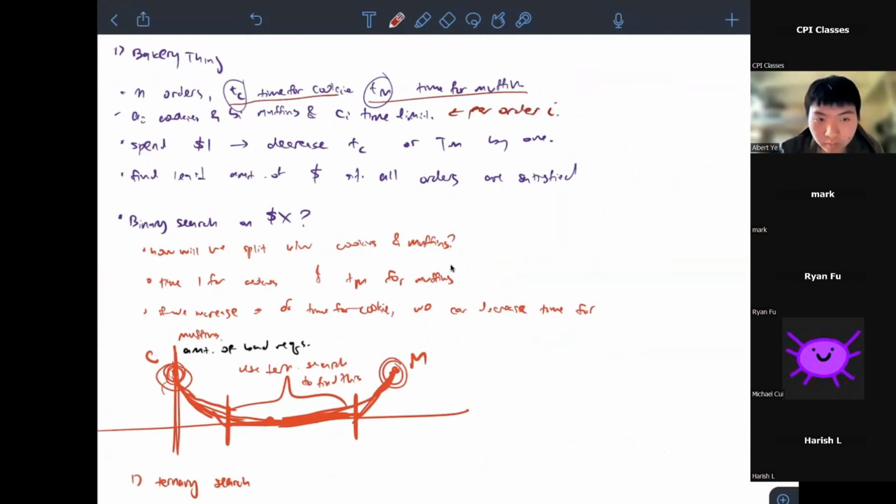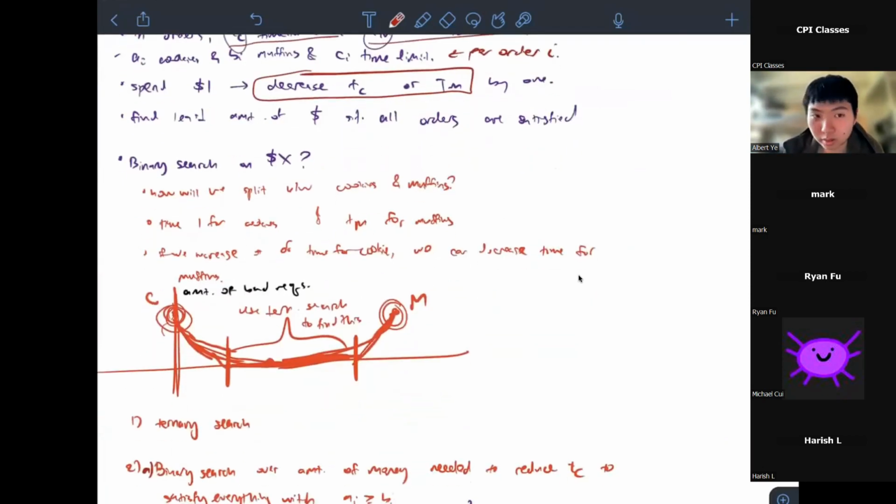You want to find the least amount of money such that all orders are satisfied, remembering that money goes to decreasing the amount of time made. So there is some amount of money needed in order to get all the orders satisfied.